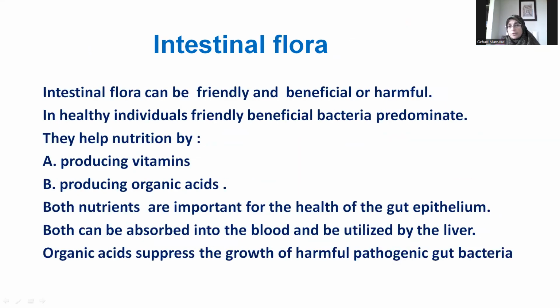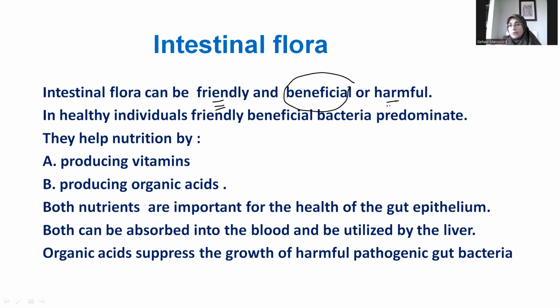If we consider the intestinal flora, because they are, as we said before, the most dense population of bacteria that are associated with your body, these flora can be divided into friendly flora that do not cause you any harm, or even they might be beneficial flora.